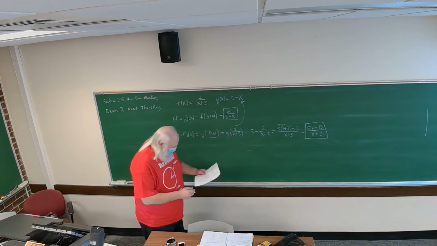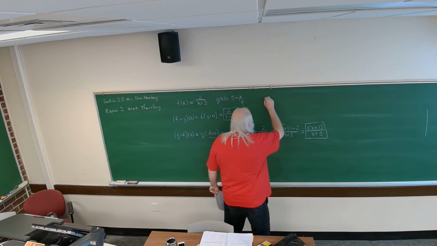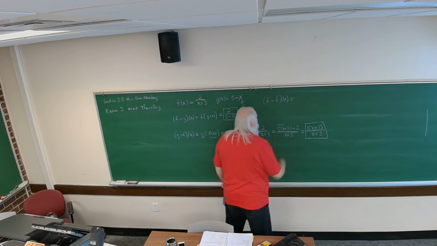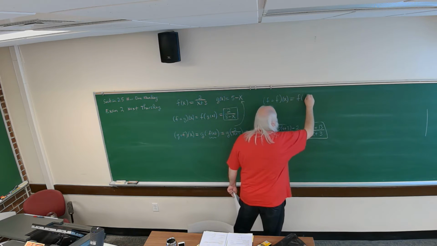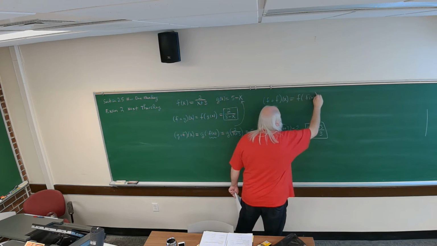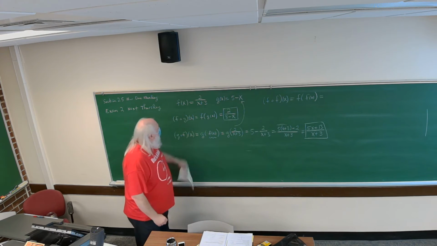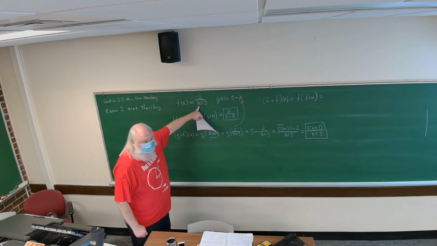All right, so now let's take a look at C, where we take the composition of the function f with itself. We can do that. Composition of f with itself is equal to f of f of x. In the first step, replace the inner f of x with 2 over x plus 3.